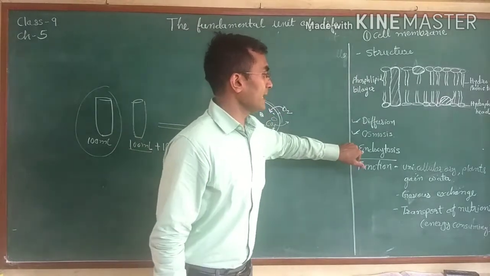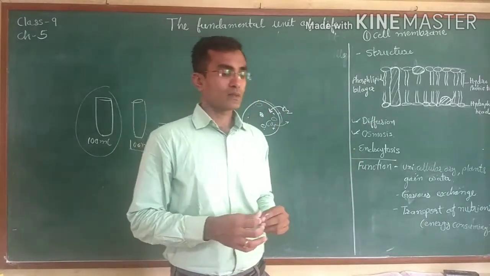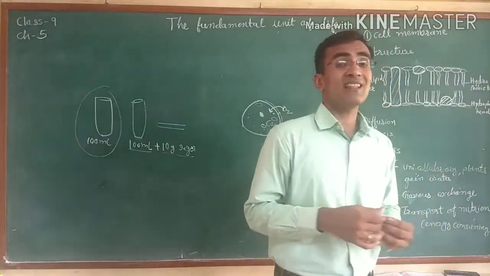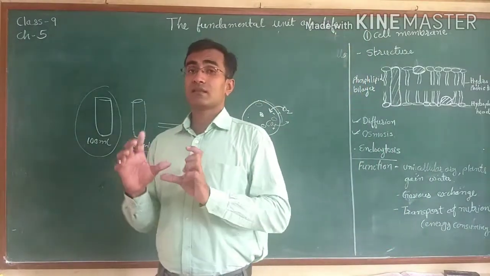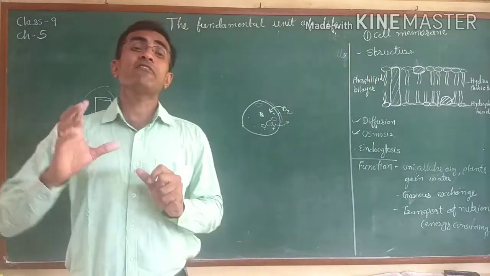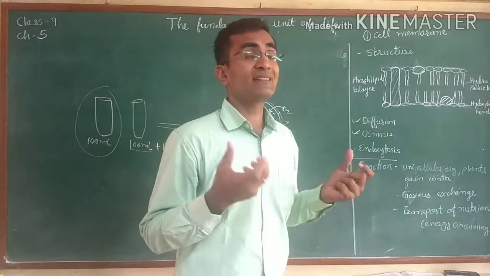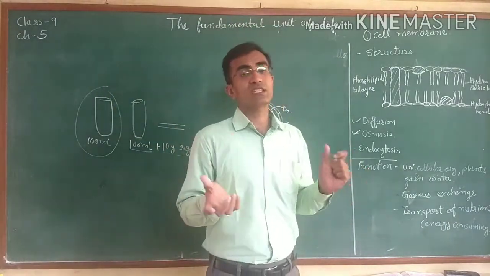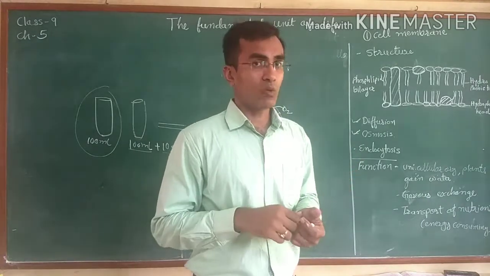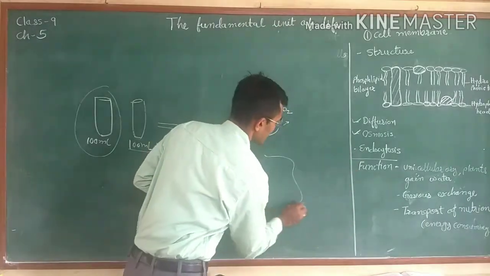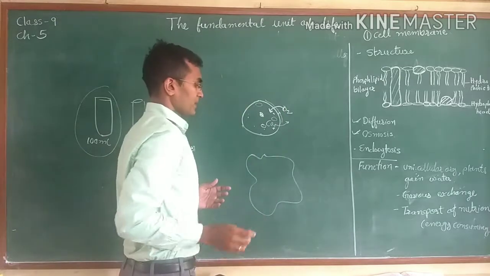Now, endocytosis. In some organisms like amoeba, the cell membrane is very flexible so that they can change shape according to their requirement. Suppose this is a cell of amoeba.